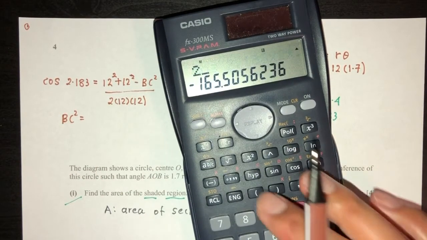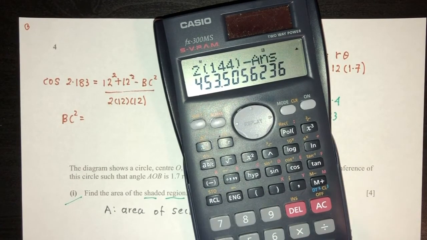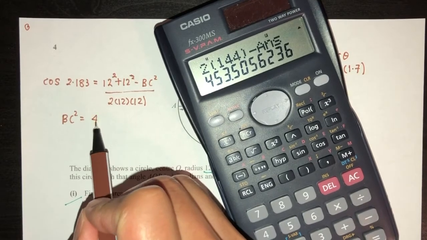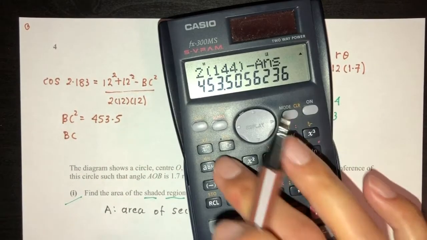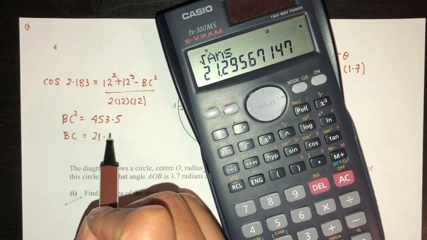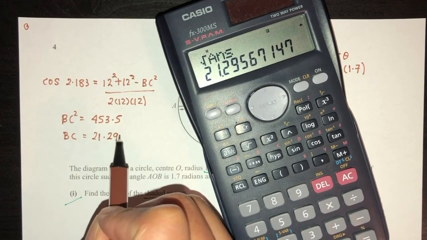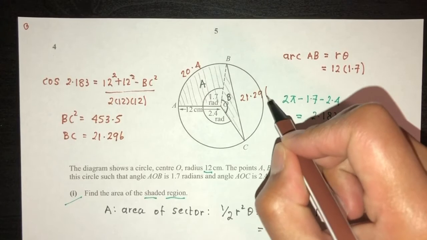So we have 2 times 144 times cos of 2.183, and that will give BC squared as 453.5. Now BC will be the square root of that. That should be 21.296.